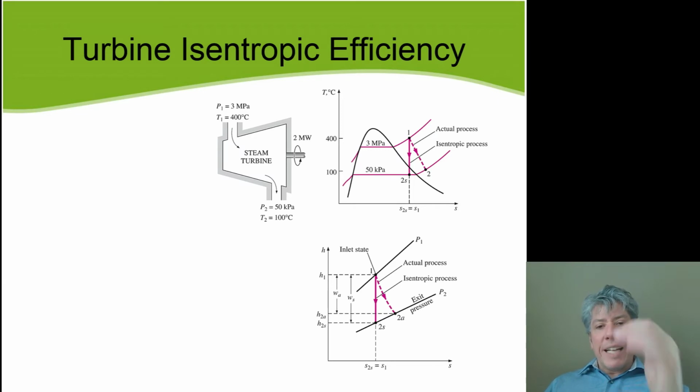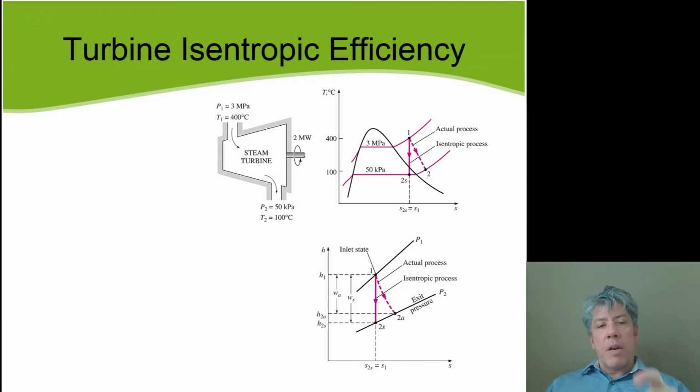So while we would like to have a nice large drop from H1 to H2S, rather what happens is we have the drop from H1 to H2A, where the exiting state 2A is the actual state, and it's the non-isentropic process. It's the actual process.